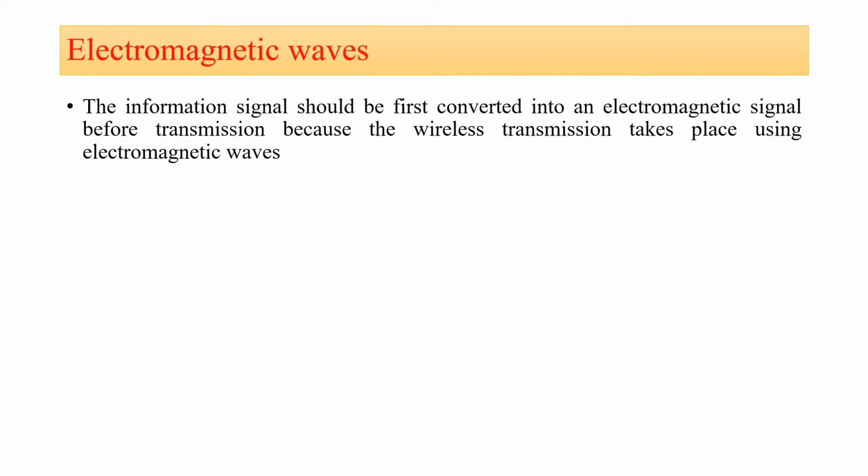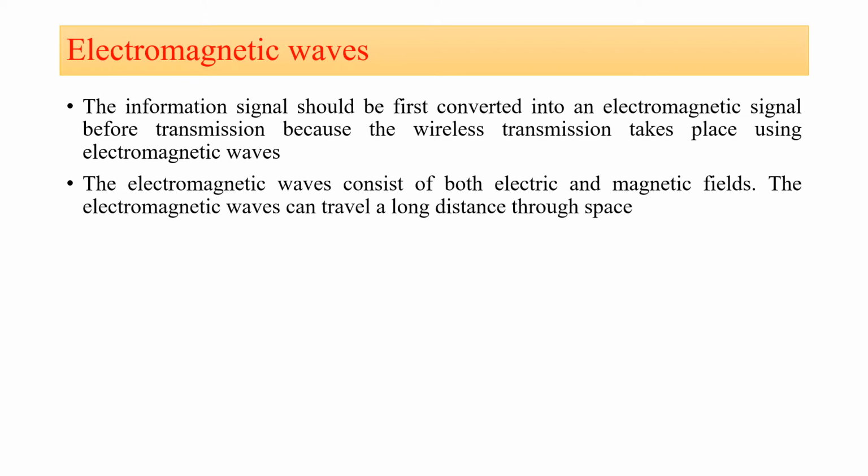In the last lecture, we covered the wireless communication media. In wireless communication media, we always transmit the information from transmitter to receiver in the form of electromagnetic waves by using the transmitting antenna and the receiving antenna.